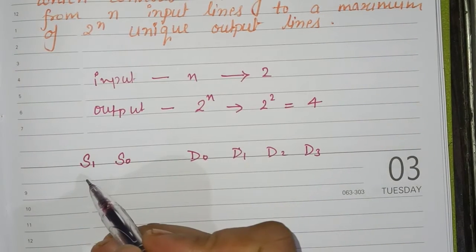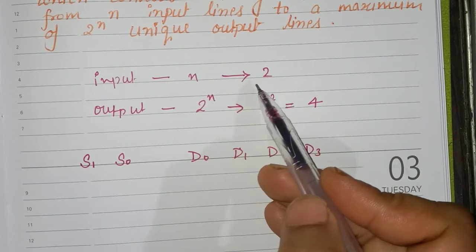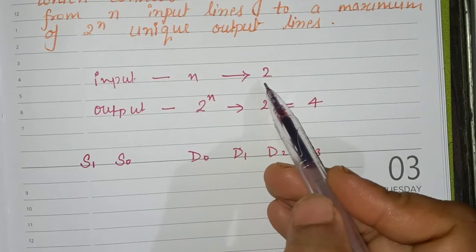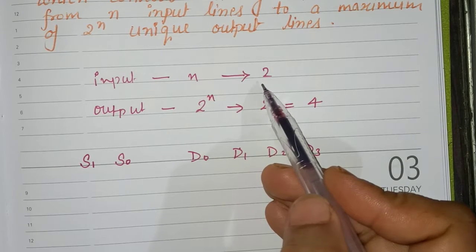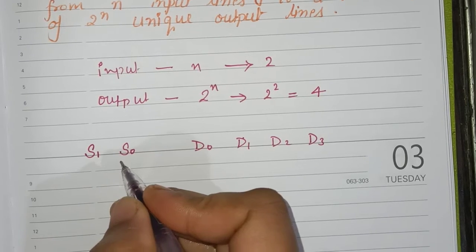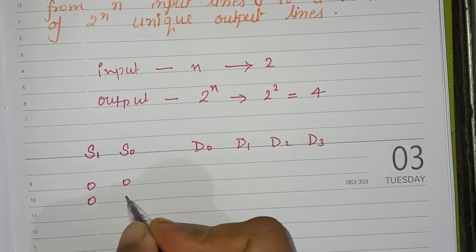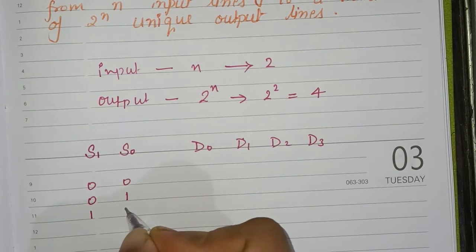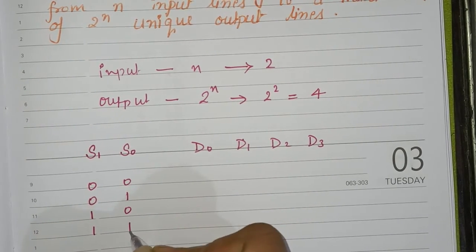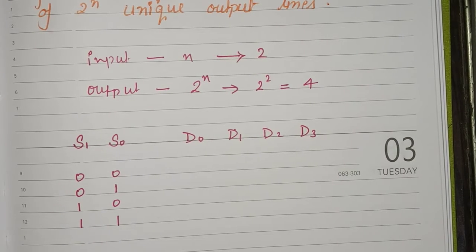If we have two inputs, the binary combinations are 4, 0 to 3. So here you write the binary combinations. First one is 0 0, then 0 1, 1 0, 1 1. It's a two variable binary combination.